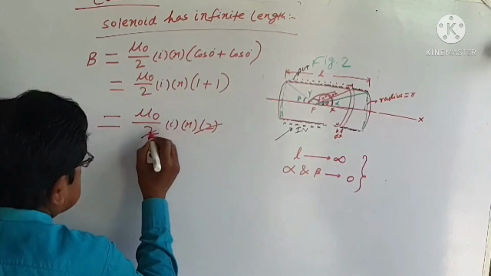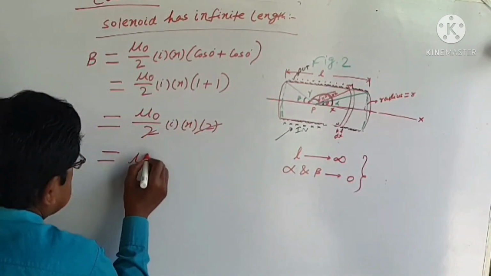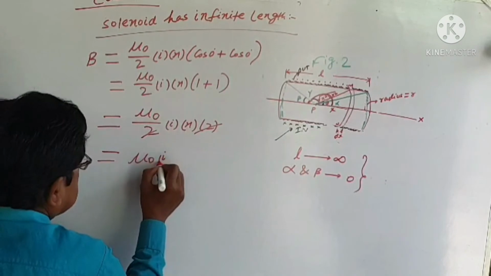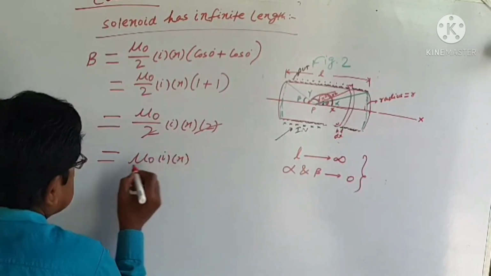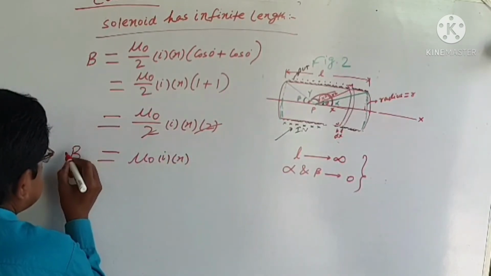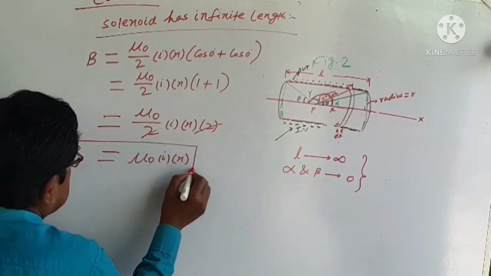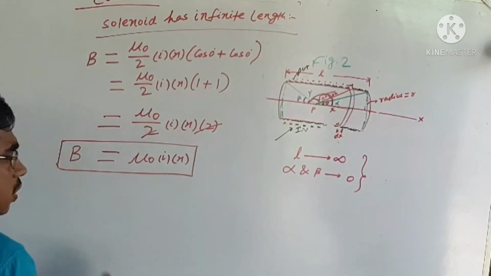The 2 and 2 cancel out, so finally B is mu naught I n. This is the required value of magnetic field intensity for an infinite length solenoid.